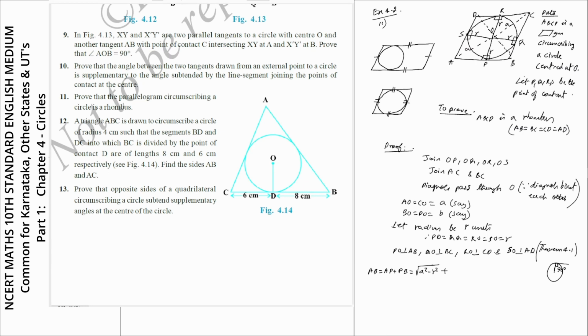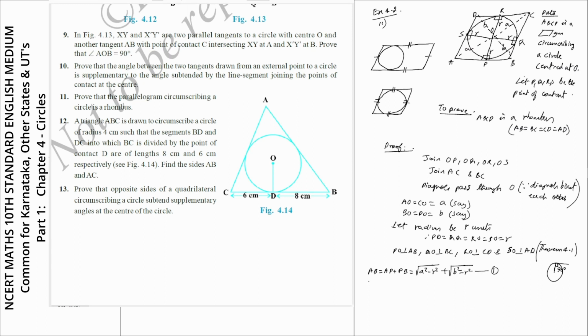Plus, what is the length of PB? That is square root of BO square minus PO square. Sorry, BO is B. So square root of B square minus R square. I missed out in the figure, I am writing it: BO and DO is B. I'll mark this as 1.